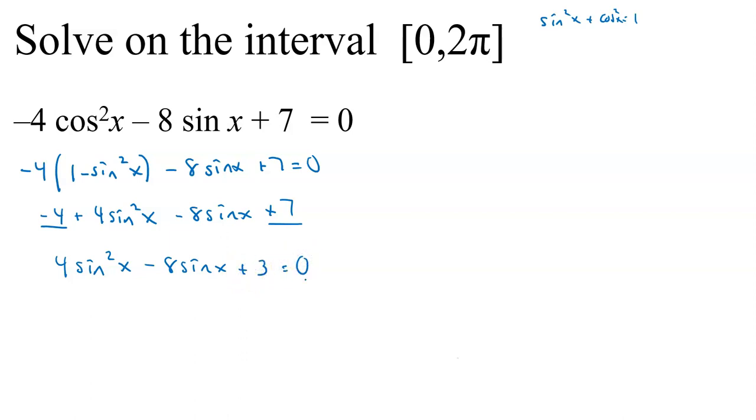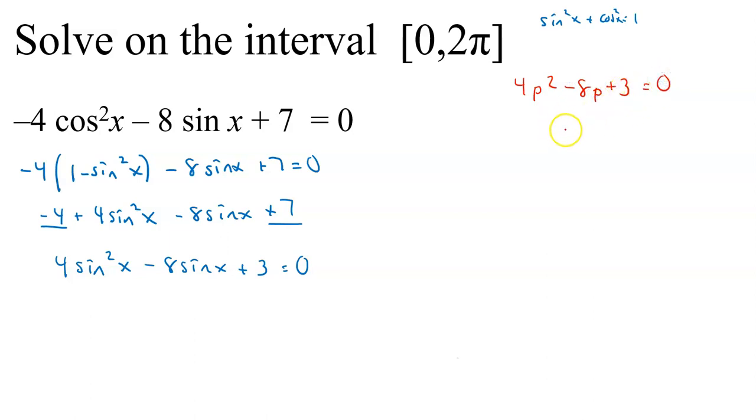Now, maybe the hard part for you is factoring this. If you don't like dealing with it like that, you could always come on the side and do one of these little substitution deals where you say, instead of sine, I'll use like a p. So I can use 4p squared minus 8p plus 3.